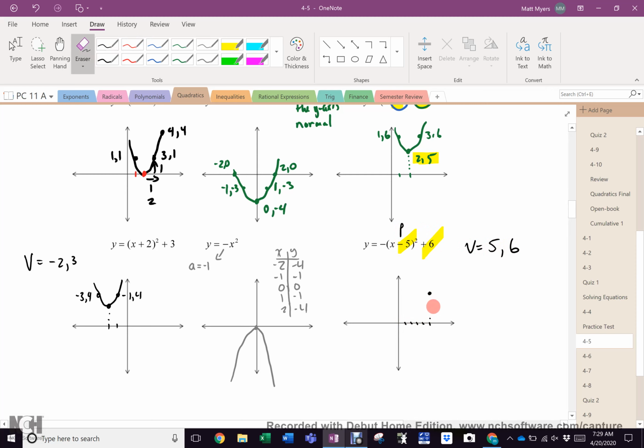There's my vertex. And I notice it's a sad parabola. So I got to go downwards, over 1, down 1, 2, 6, 5. And then, of course, that reflects 4, 5. And I just go downwards.